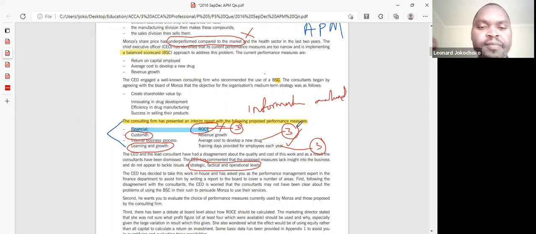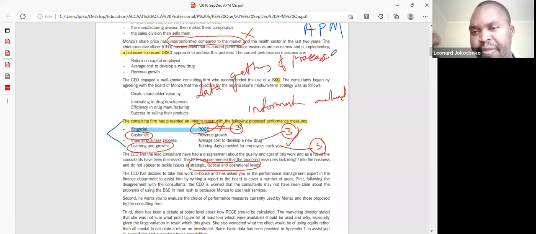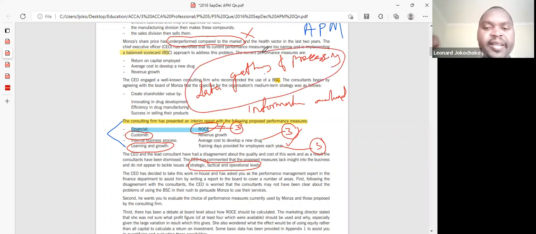The third problem, closely related to information overload, is data gathering. So when you collect data and process it, in the business world, everything is driven by money. If you are going to gather data covering 12 areas, it means that you need to invest in information systems.